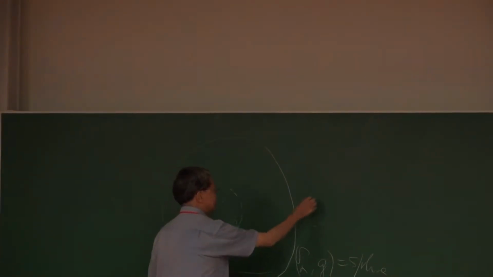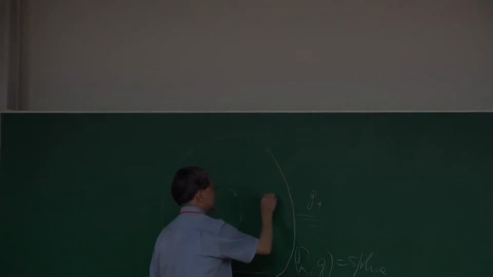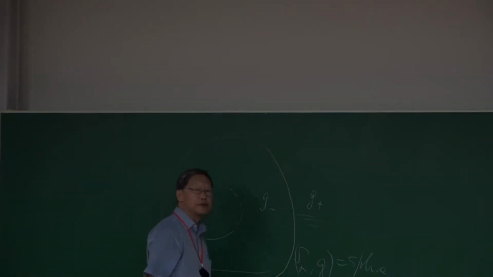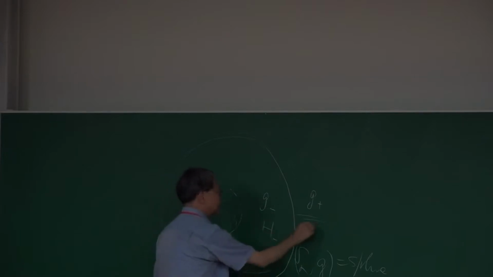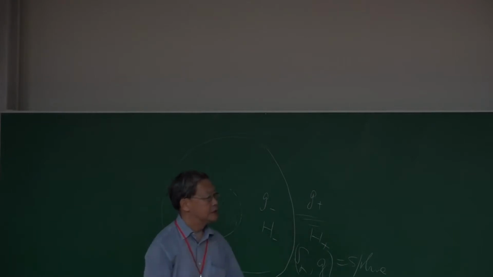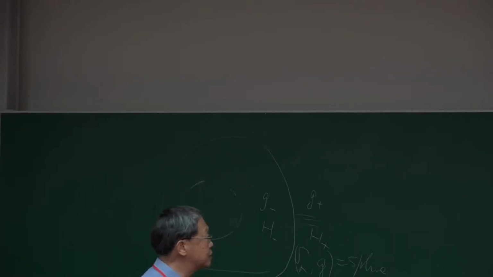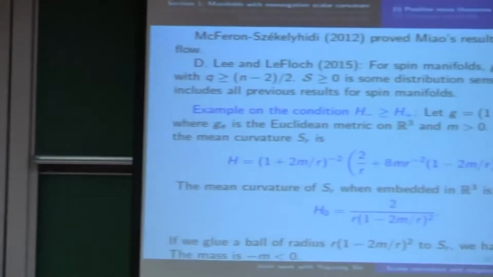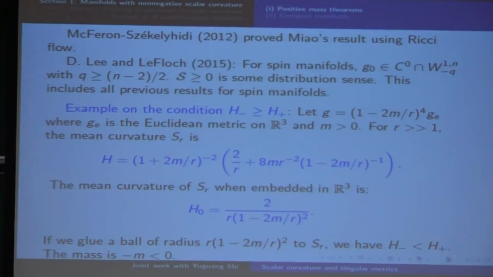Then we have a metric which is not smooth, which is only Lipschitz here. And then the mean curvature does not satisfy this condition. So in this case, you can see that H minus is less than H plus, but the mass is negative. Therefore, in Miao's result, you need the mean curvature property.